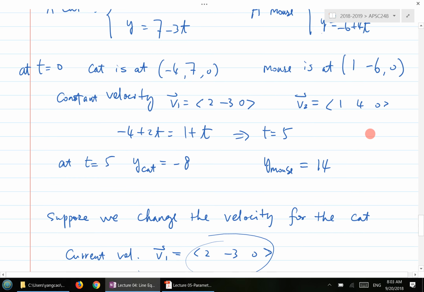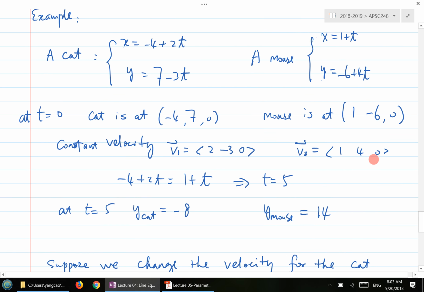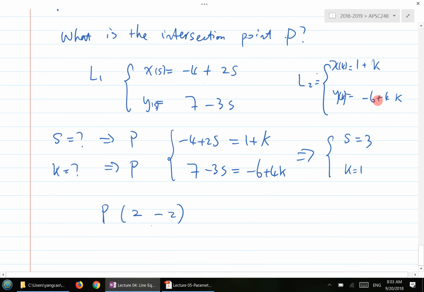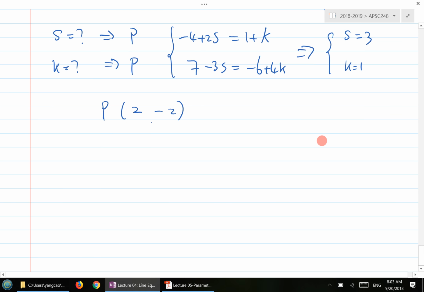Then the question is, can we do something to the cat's motion so that the cat can catch the mouse here? When you have two trajectories, two lines, they will intersect at a certain point, and catching basically means they have to meet at this point at the same time, right? That's what it means.